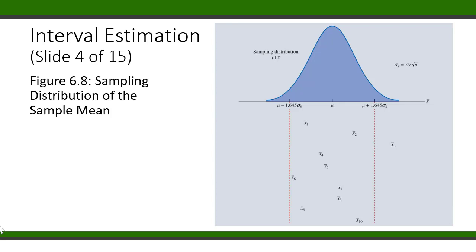So here we have a distribution showing 1 standard deviation. If we do a bunch of random samples of 30, where does each one of those sample means lie? That's what this is showing here.